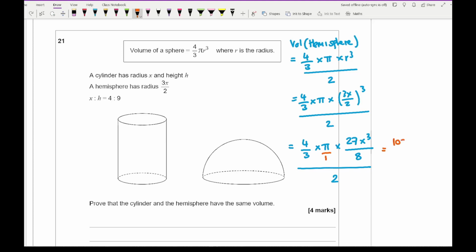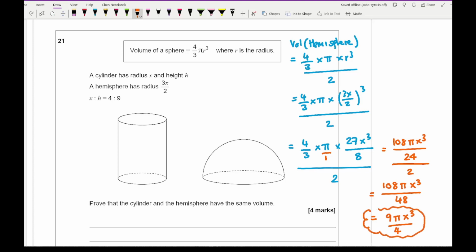So I've got 108 pi x cubed, all over 24 divided by 2. Now I can move that 24 over, so it becomes 108 pi x cubed over 48, and then I can simplify the numbers, so it becomes 9 pi x cubed over 4. So that is the volume of the hemisphere. We just put a little bubble around that.